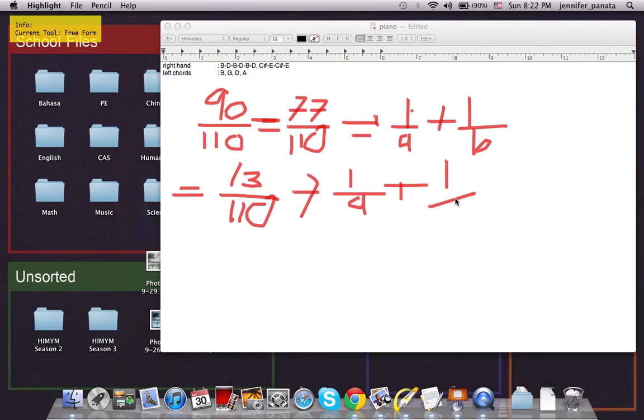Because that's two values, not just one, we need to divide this into two unit fractions.